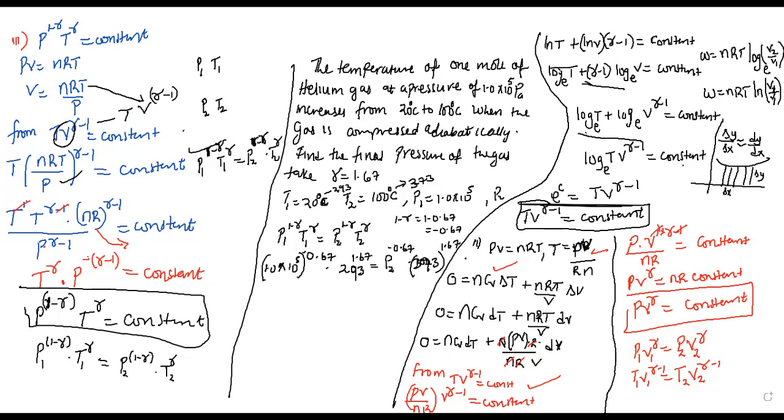Now you have a problem there to compute with the calculator, especially when it comes to P, you have to introduce logarithms. So P is equal to 1.0 times 10 power 5, power negative 0.67, times 293 power 1.67 divided by 373 power 1.67. So first compute the right hand side answer, then I show you how to introduce the log.